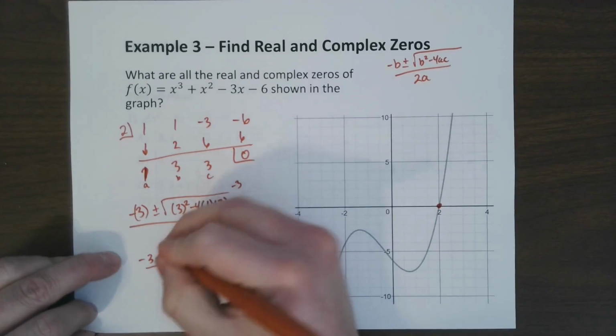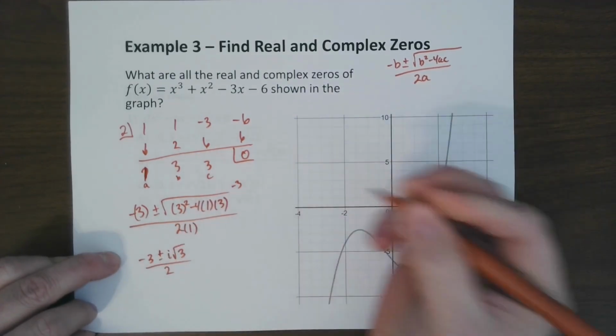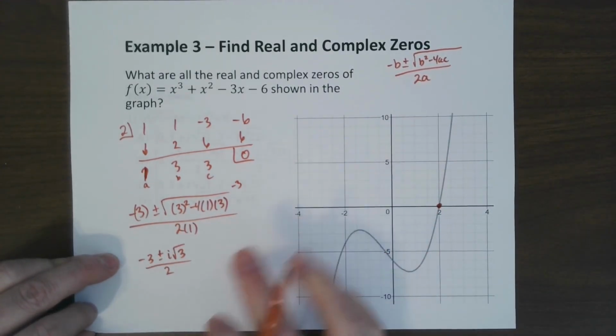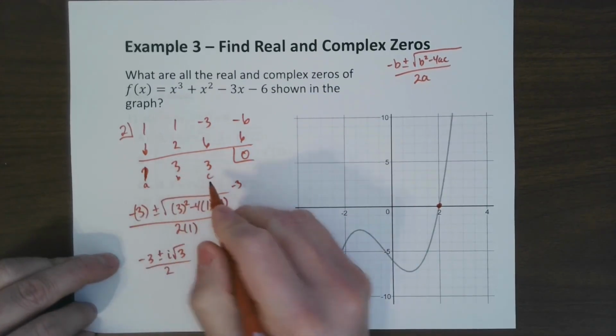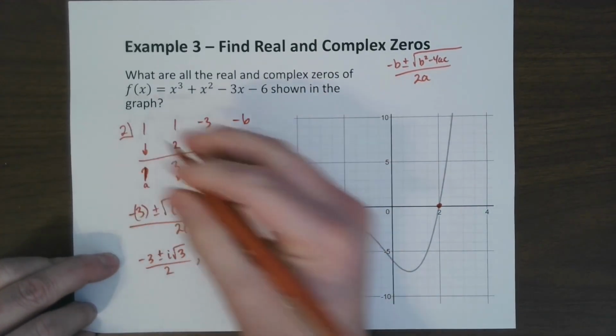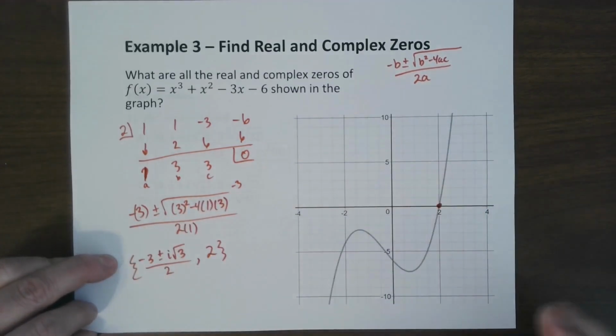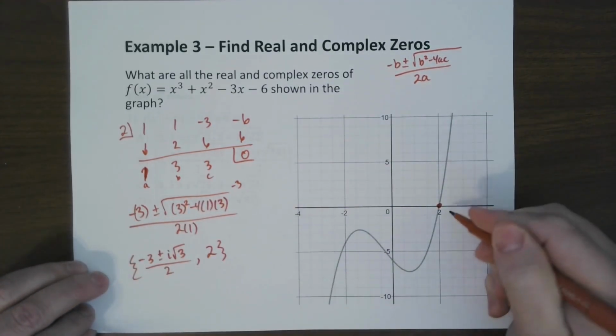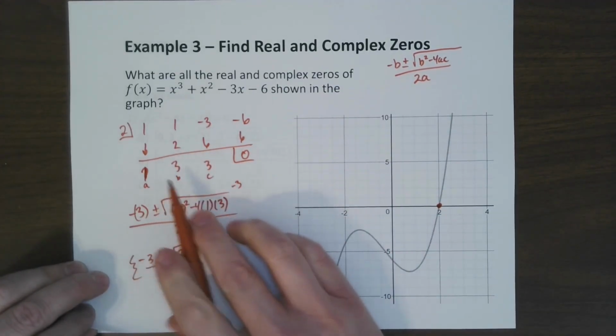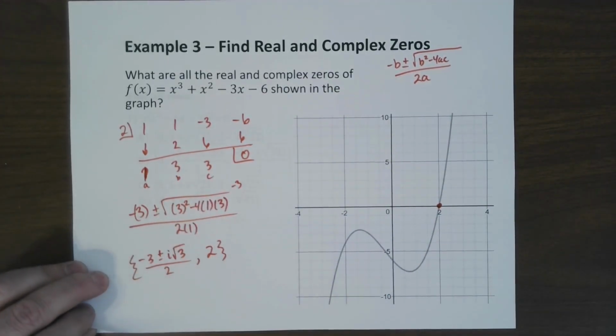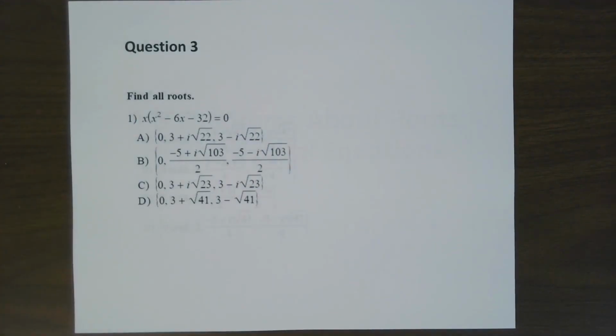Since it's negative 3, we know it's going to be i square root of 3. Now we're done. These are our roots for this one, but we have one more root we already have, which is 2. So we just list them out like this. If you're given a root, do synthetic division and then the quadratic formula to find the rest of them. Go ahead and try this problem.